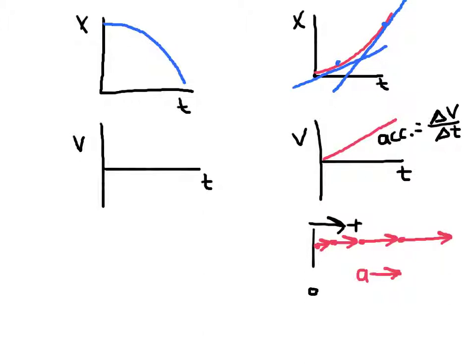Well, I'm going to draw a few tangents to the curve on this curve here. So it looks like at the start we have a tangent that looks about like this. Let's see if I can grab that and move it.